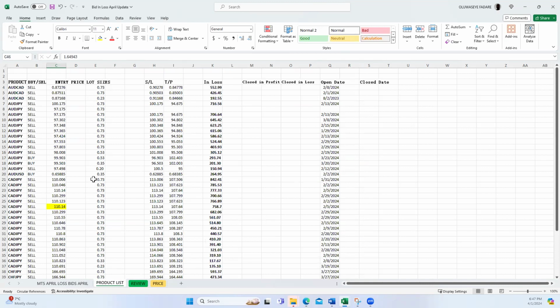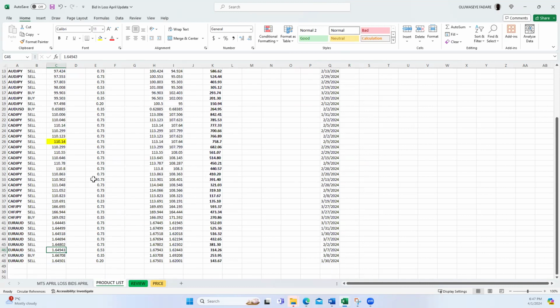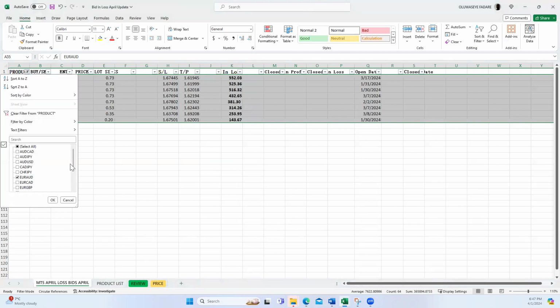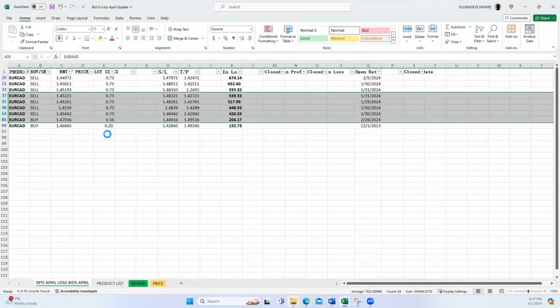According to this report, that's how we are going to complete all the others. We still have quite a handful to continue with in the report.